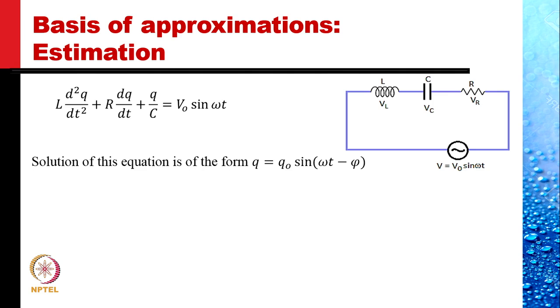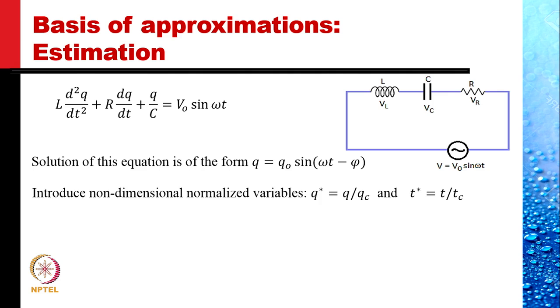So, while normalizing, we introduce the non-dimensional variables q star is equal to q divided by some characteristic value qc for the dependent variable, and for the independent variable time we introduce t star is t by tc.